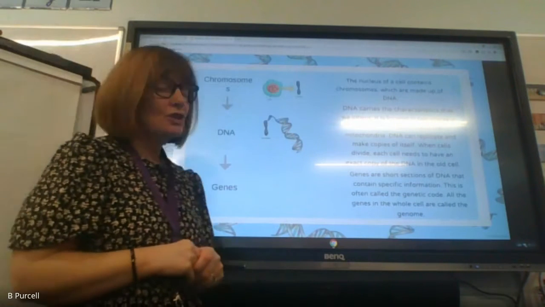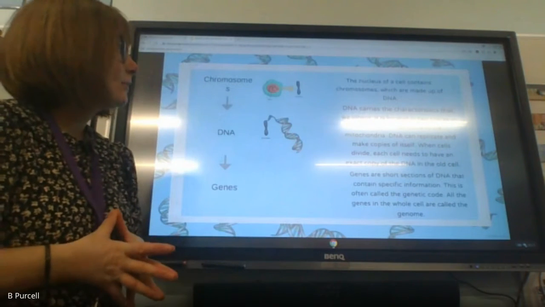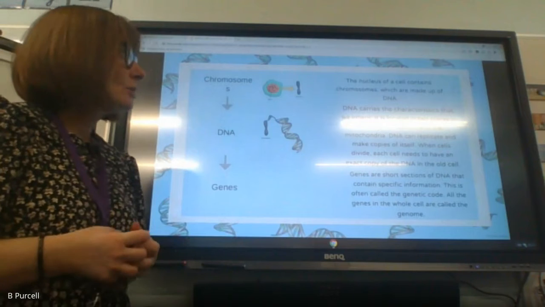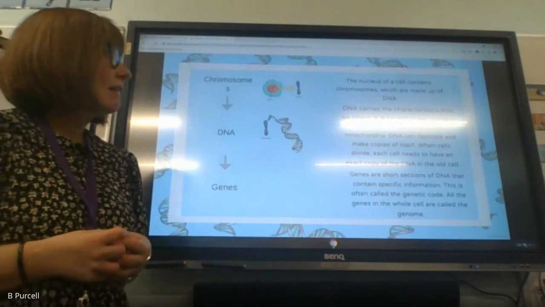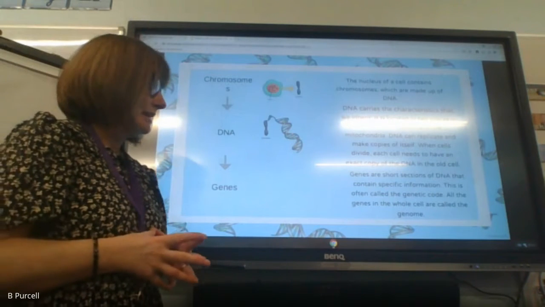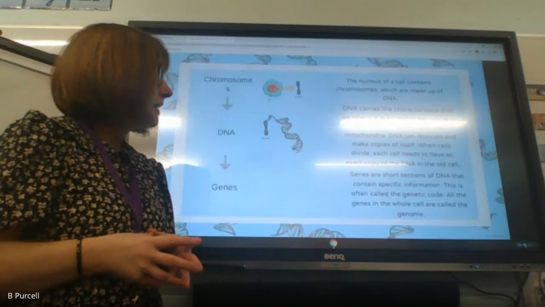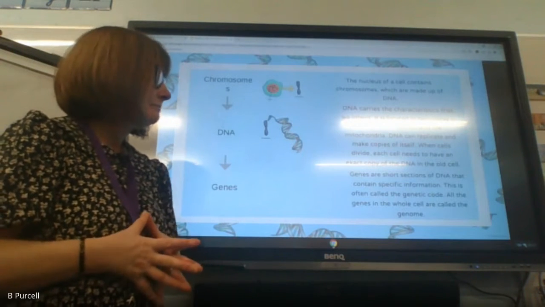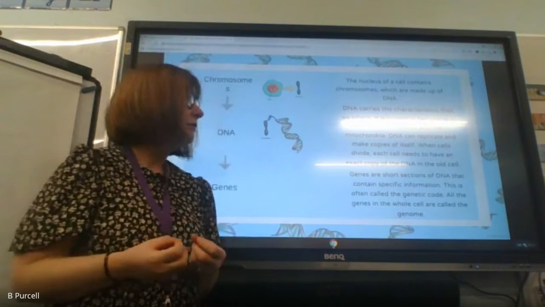So we'll look a bit more closely at them. The nucleus of a cell contains chromosomes, which are made up of DNA. DNA carries the characteristics that we inherit. It is located in two places in the cell, the nucleus and the mitochondria. DNA can replicate and make copies of itself.